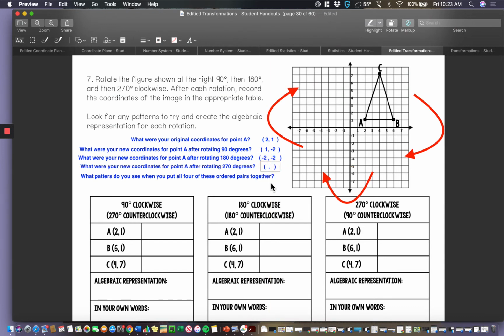And when you rotate it the third time, it's going to be -1 and 2. So what patterns do you see when you put all of these ordered pairs together? I had a positive and a positive, and a positive and a negative, and a negative and a negative, and then a negative and a positive.